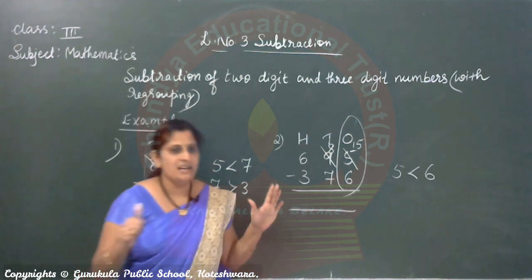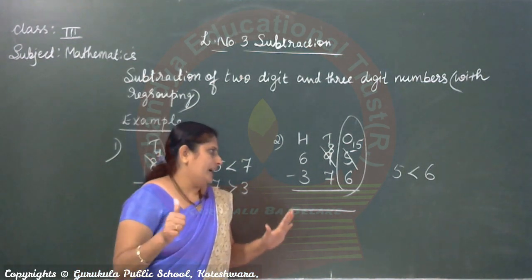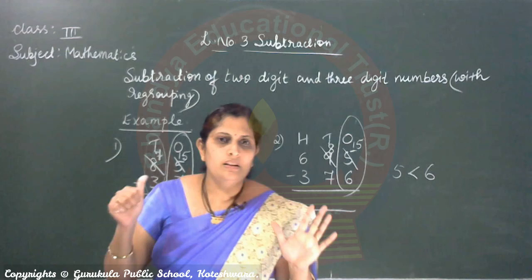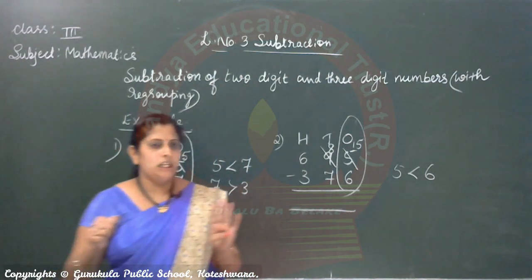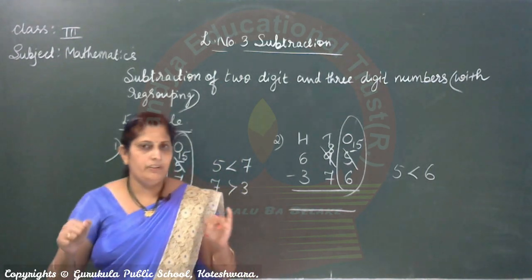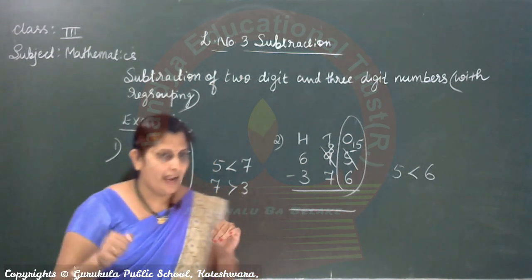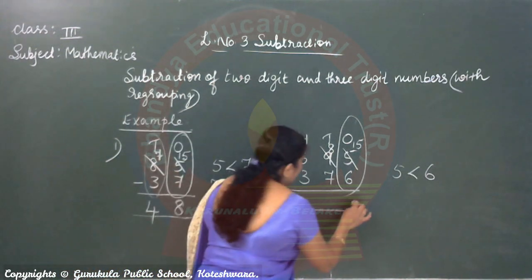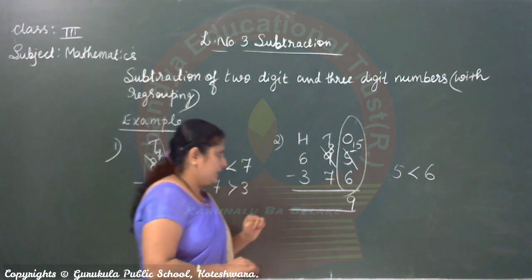Count back from 15: 14, 13, 12, 11, 10, 9. Correct? So 9 here in the ones column.